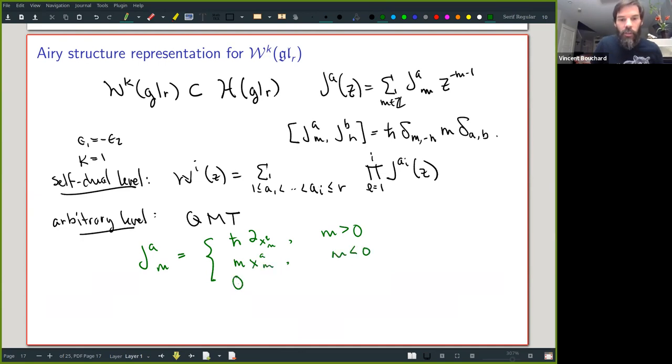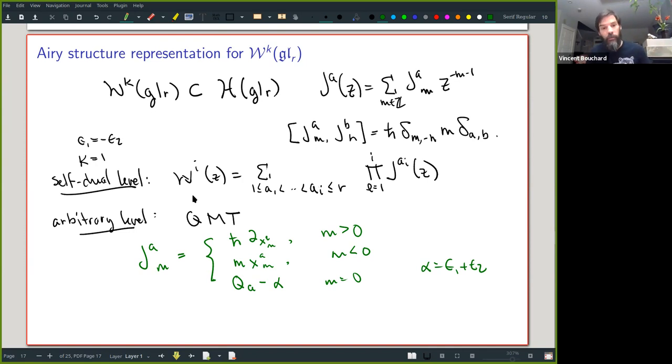And the zero mode will be given by a complex parameter Q_A minus alpha, where alpha here is just epsilon 1 plus epsilon 2. At self-dual level, alpha would vanish. At arbitrary level, it is not zero anymore. If you do that and plug it in here for the modes, that gives you a representation for the modes of your strong generators as differential operators.